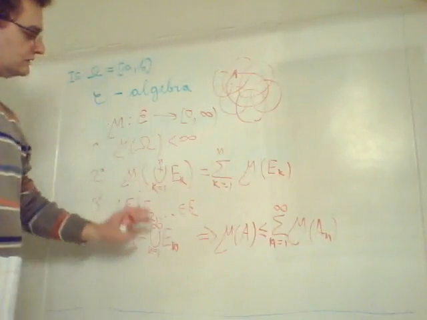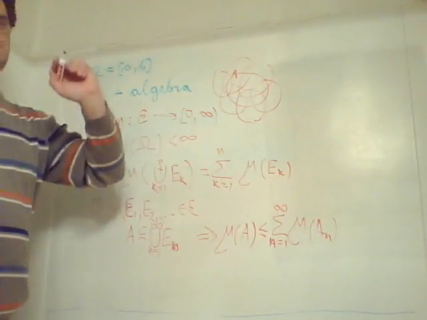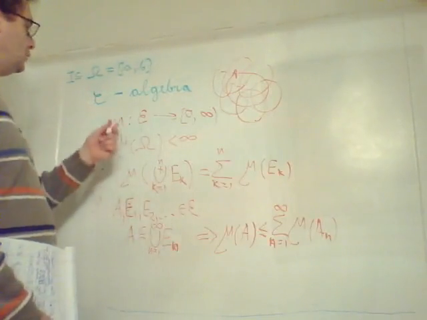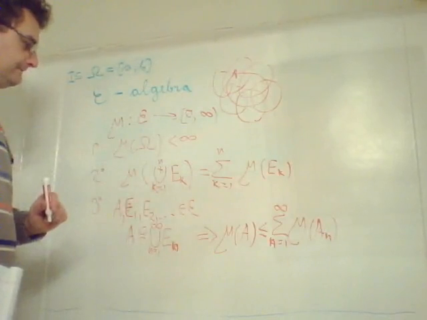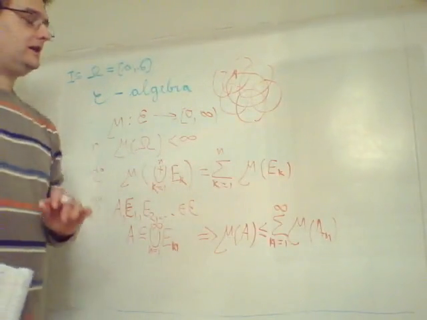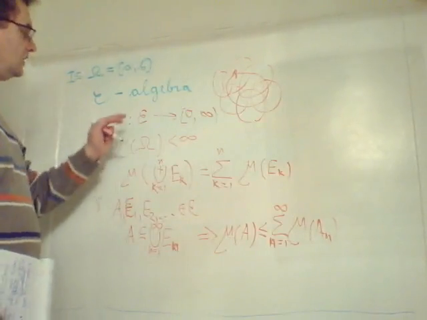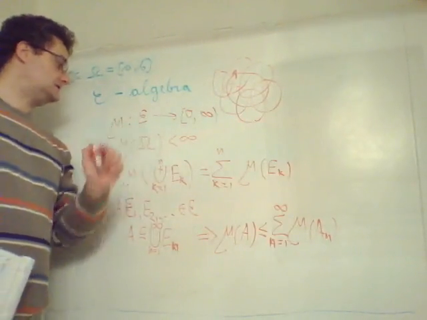So if all these are satisfied, then we can extend mu in a unique way to be a measure on the minimal sigma field that contains E.